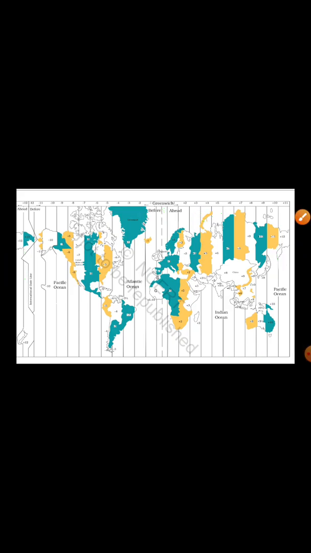So let's take one example: here is our India. It is on the east side of Greenwich. So they will both have a difference in their time. The time of India will be ahead of the time of Greenwich. Okay, that's why it is written here.